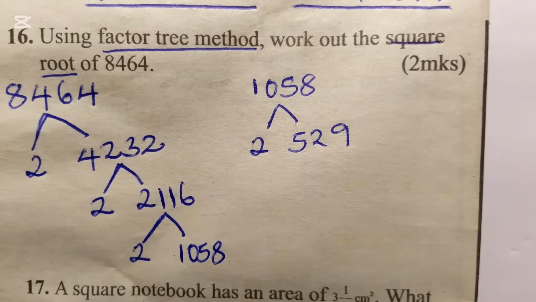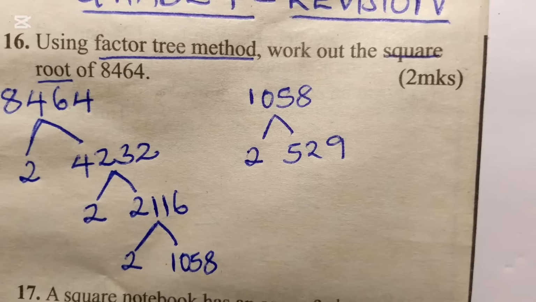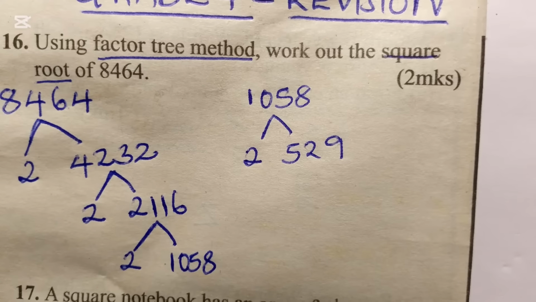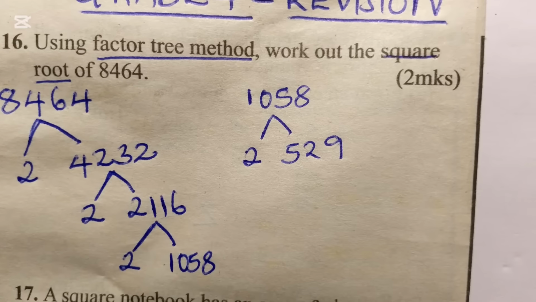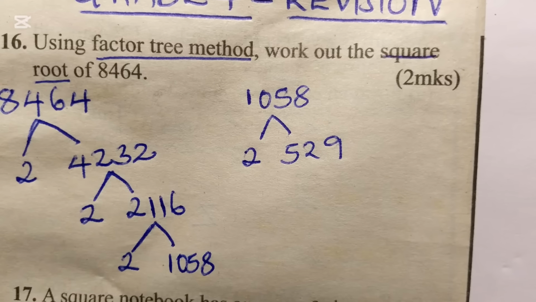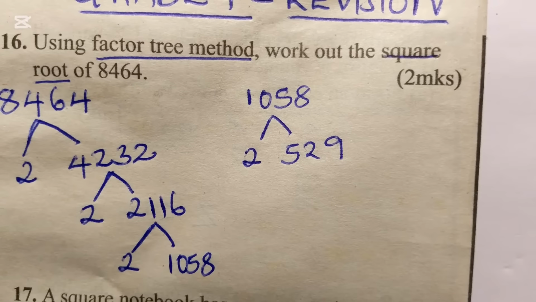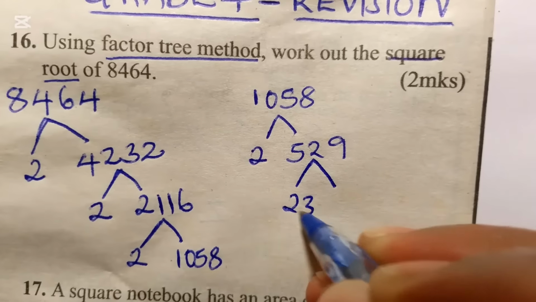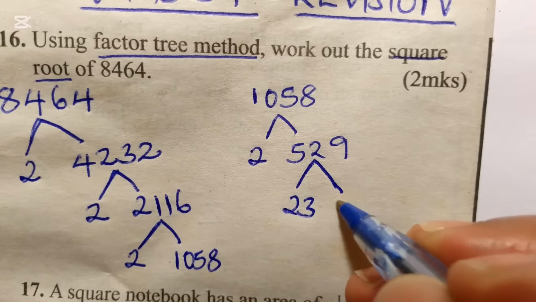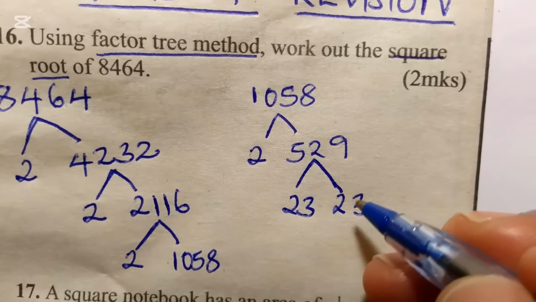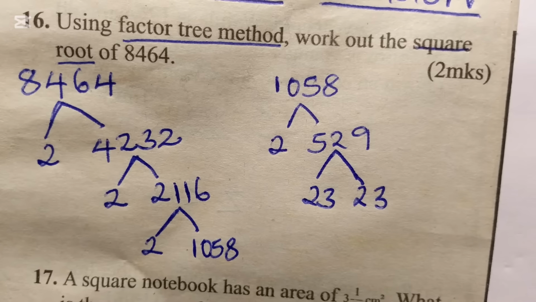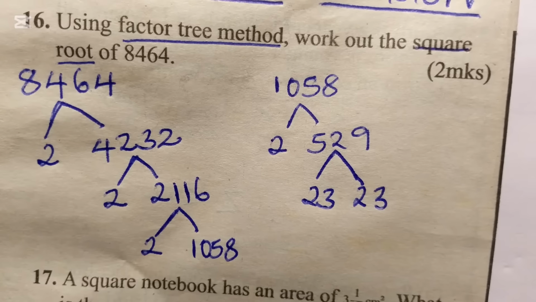So this number is not divisible by 3, not divisible by the next prime number 5, the next prime number is 7, and we keep on checking the prime numbers to find that it can only be divisible by 23, and dividing the number by 23, we have 23, and that is the end of the factor tree. And therefore from that stage we can find the square root.